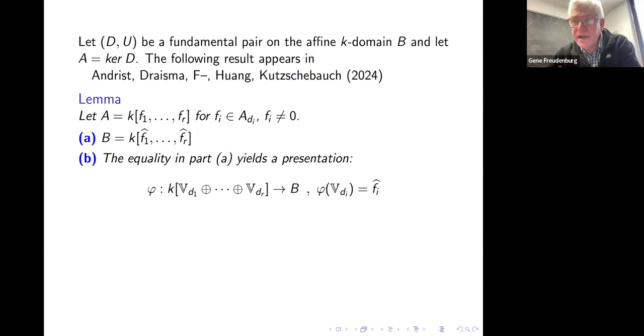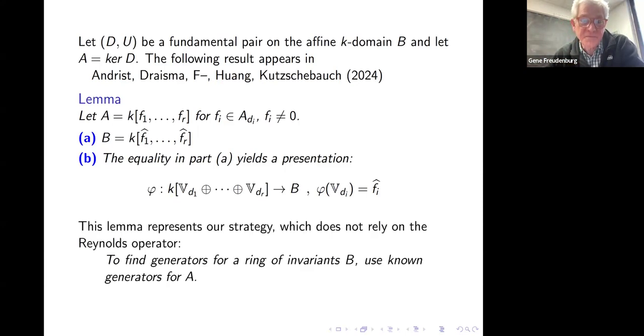Of course, there are other ways of getting presentations of these actions, highest weight vectors and so forth, but this is tailored to my using fundamental pairs, right? That's what this is about. This lemma represents our strategy, which doesn't rely on Reynolds operators.